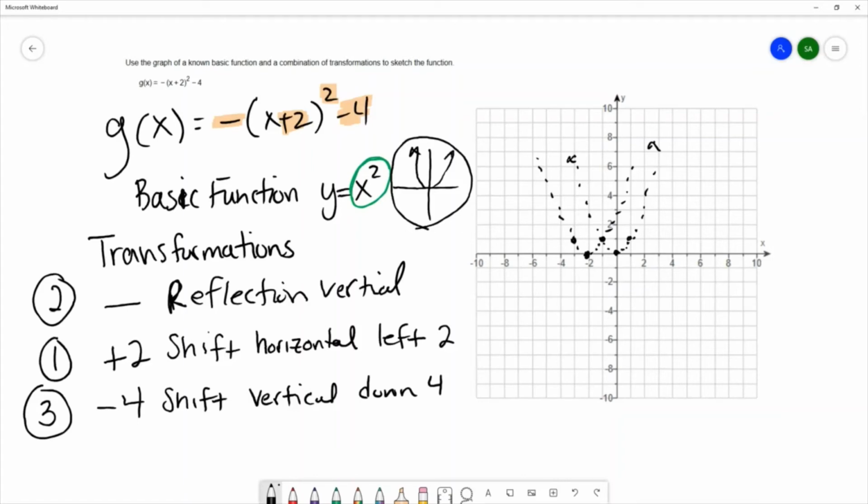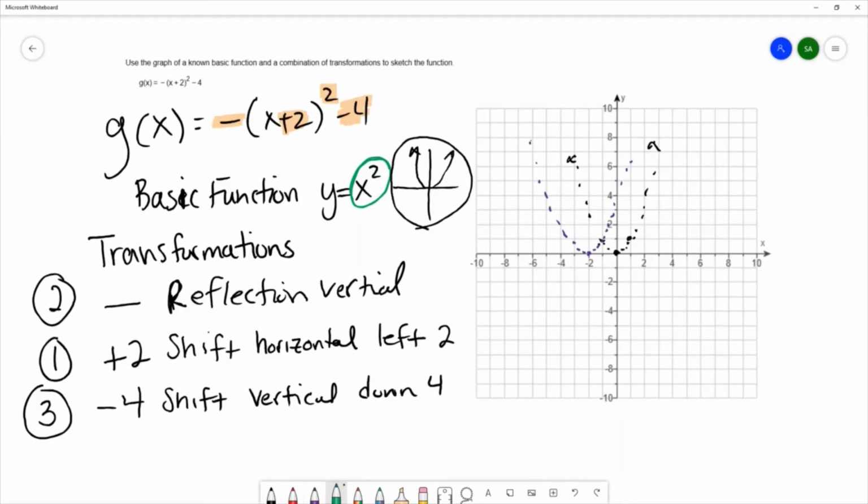Let me change colors so that you guys can see the difference on each one of these. So shifting left 2 would give us a parabola like this.